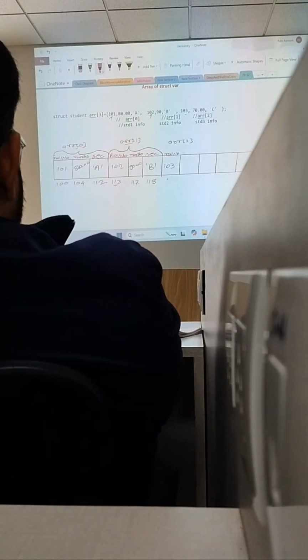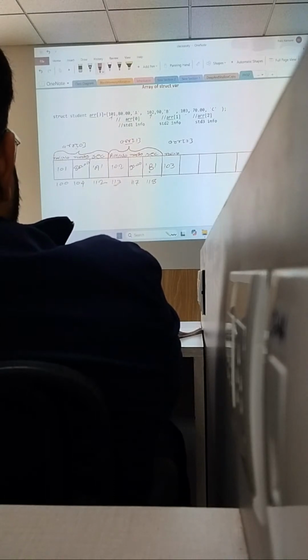From here to here, it is ARR of 1. Now we will mention ARR of 2's information, which is this one. Roll number, which is 103, starting with the address 119.